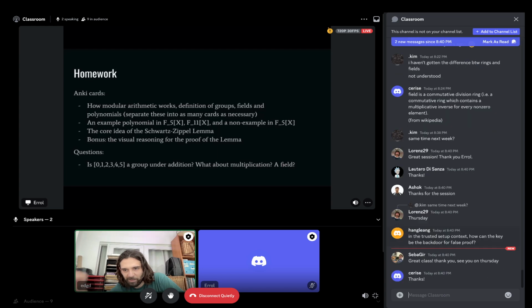Okay. In the trusted setup context, how can the key be the backdoor for the false proof? Right, that will be easier to explain next session.